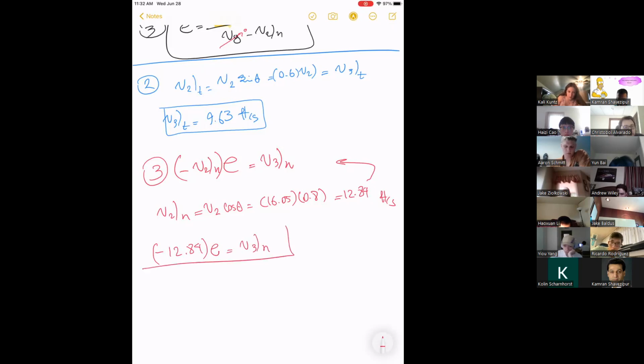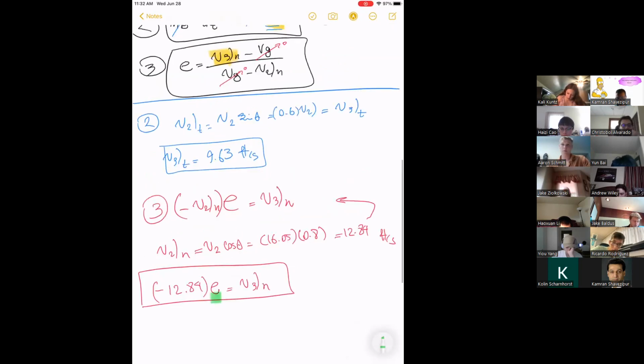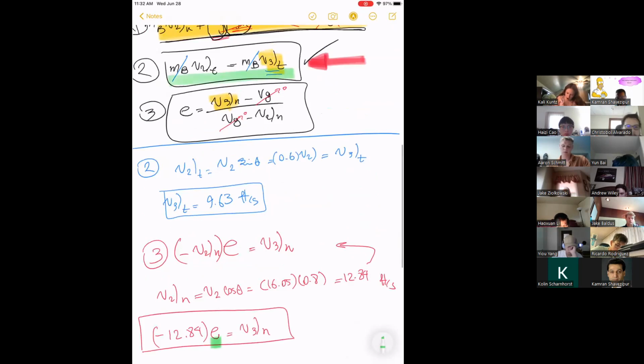So you calculate your V3n, of course, in terms of e. Make sense? I used conservation of linear momentum in the tangential direction to find the T component of V3, and I used the coefficient of restitution equation to find the N component.